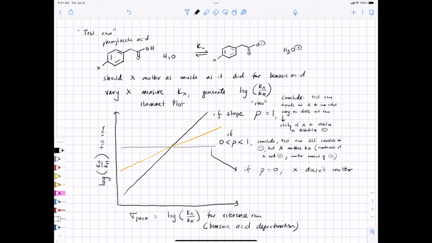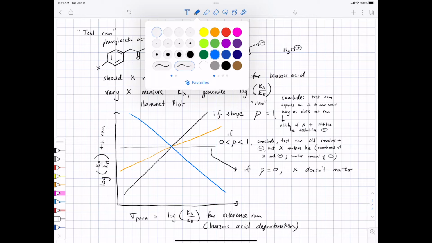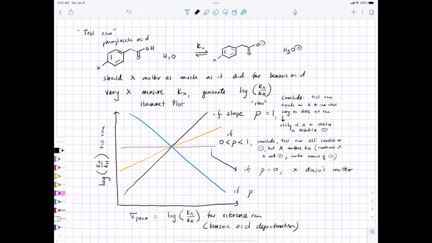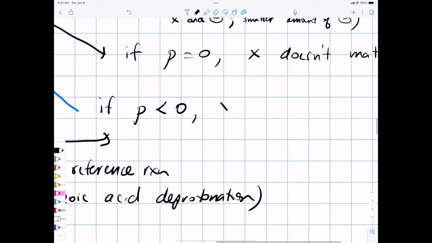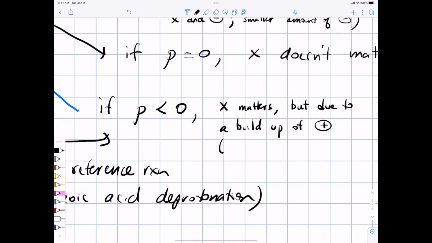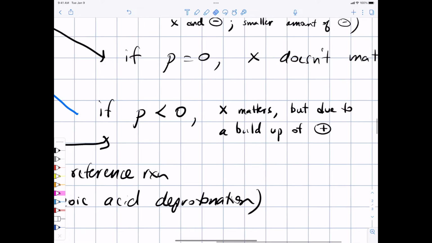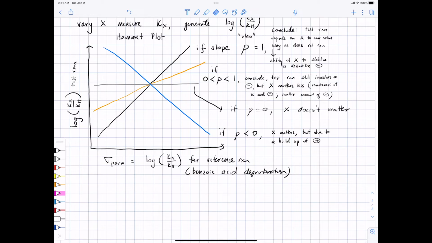If, in contrast, we do an experiment where slope is negative, if rho is less than 0, we infer that X matters, but due to a buildup of positive charge, because X matters in a way that is opposite to what happens in the benzoic acid reference reaction.